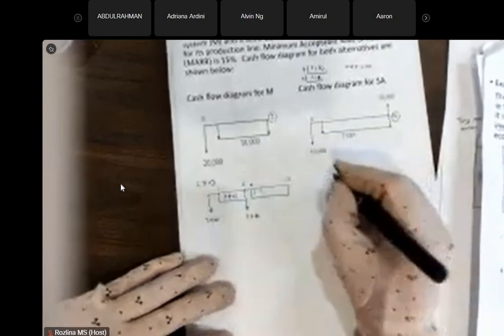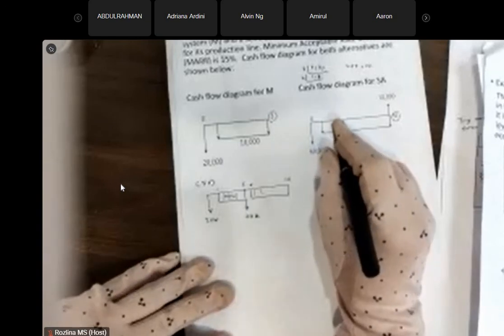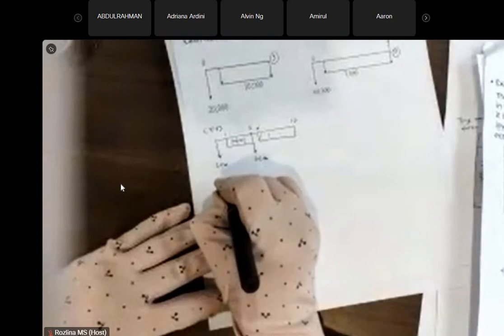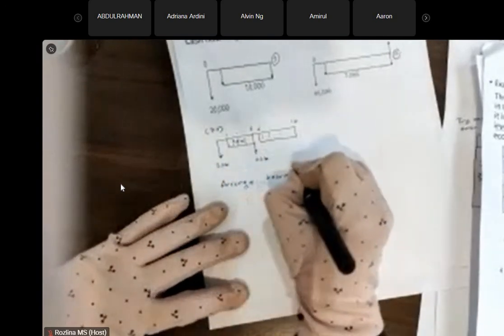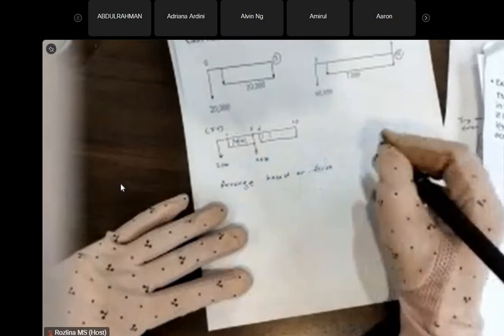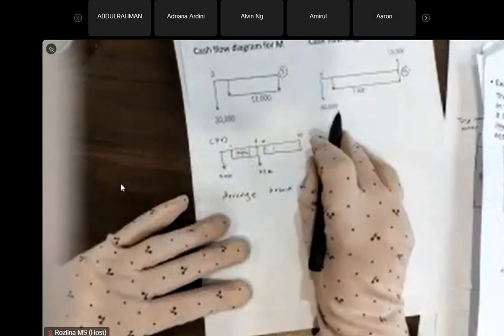Okay, so this is the same as the figure we used. What you should do is arrange first based on the first cost. Who is the highest for the first cost? SA or M?